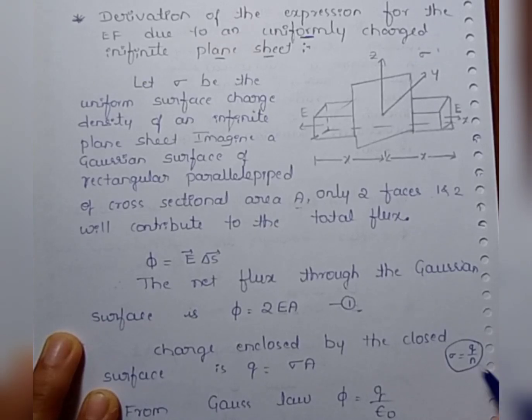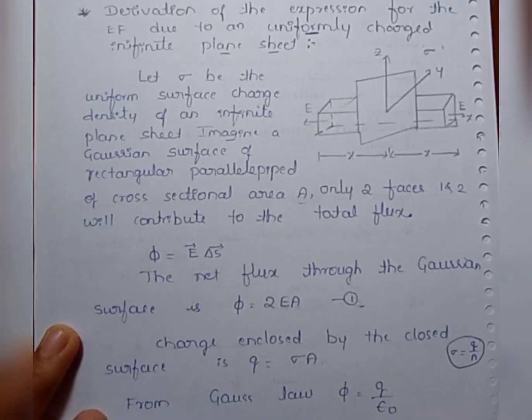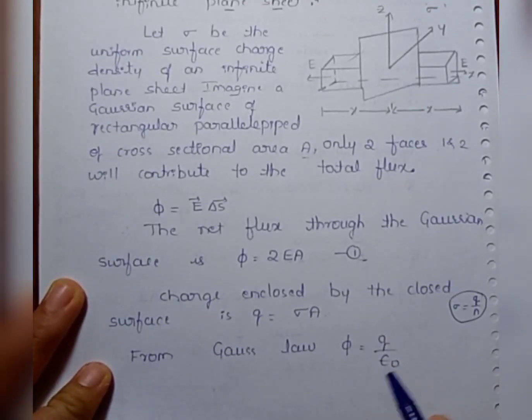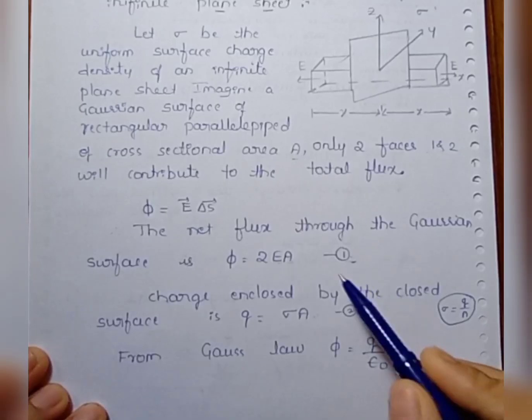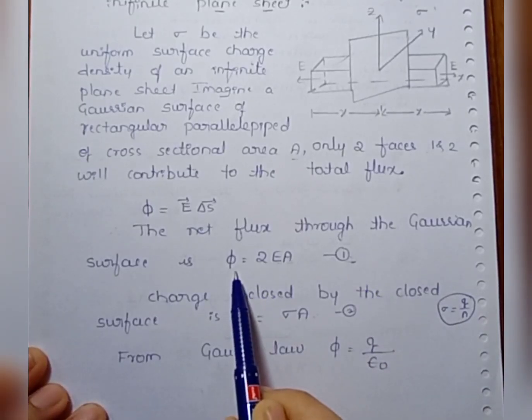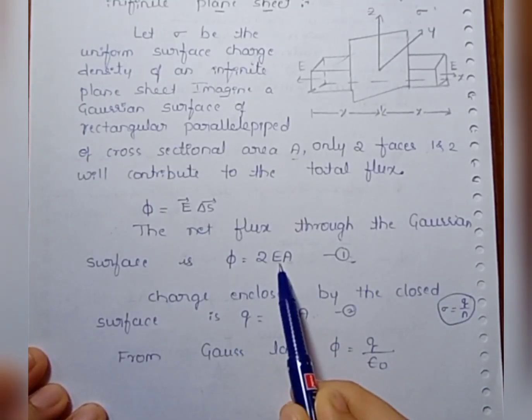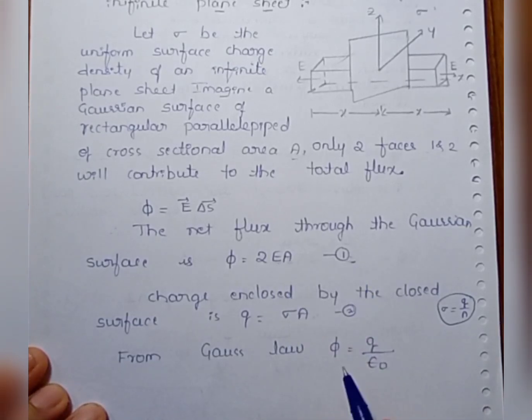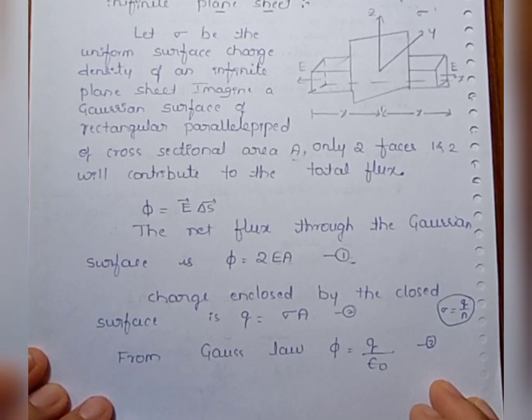Using this expression, we write the charge as sigma into A. From Gauss law, phi can be written as Q divided by epsilon naught. Just substitute the value of phi, that is 2EA, in equation 3 on the left hand side.